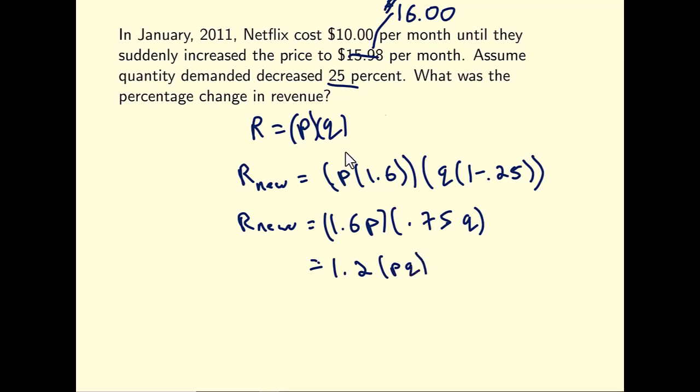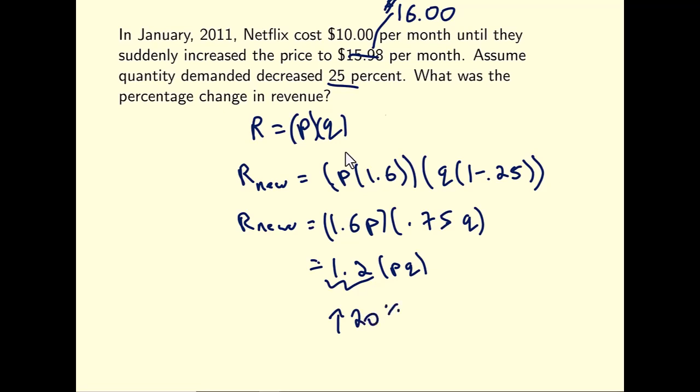And looking at that, you can see the revenue is going to go up 20%, right? Taking advantage of the fact that this is just one big term, and price and quantity and their percentage changes are coefficients, you can see that the new revenue is going to increase 20%.